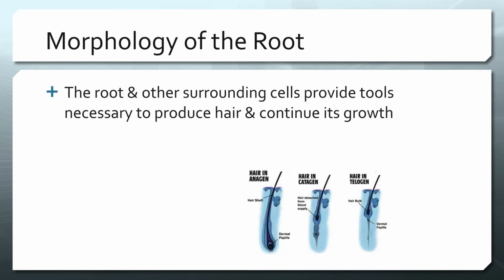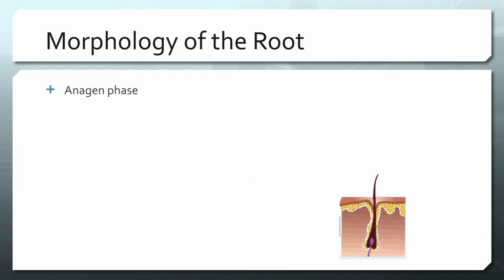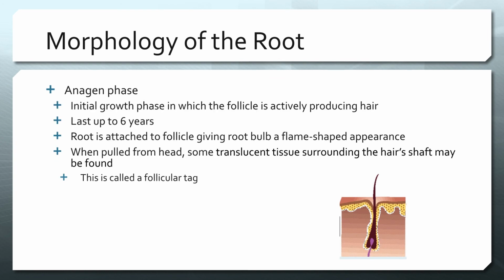Moving on to the root morphology, the root and the surrounding cells provide the tools necessary to produce hair and continue its growth. And there are three phases of hair growth which determine the shape and the size of the root: anagen phase, catagen phase, and telogen phase. The anagen phase is the initial growth phase in which the follicle is actively producing hair.